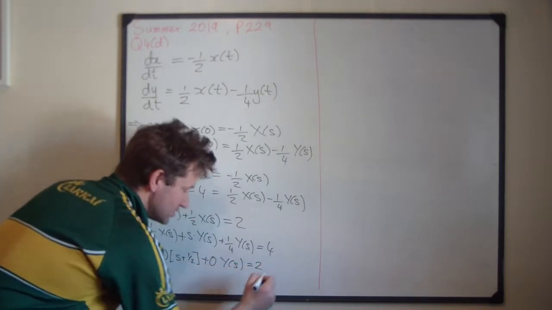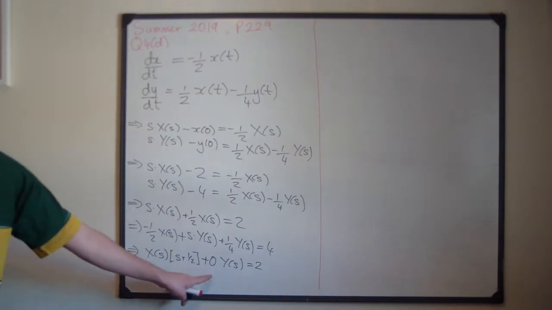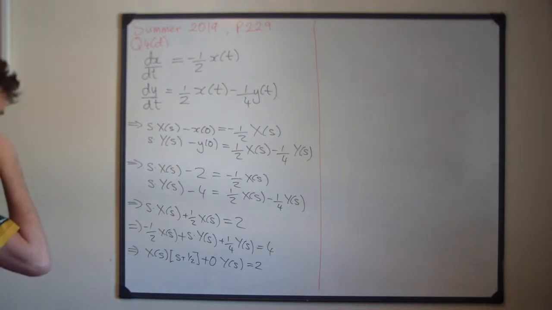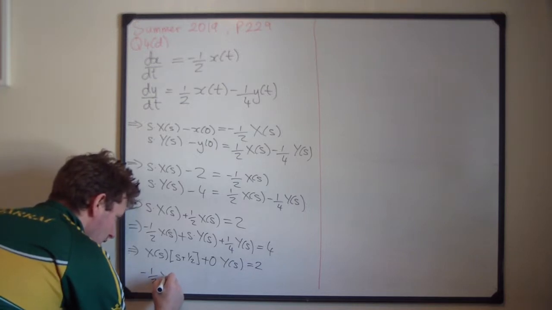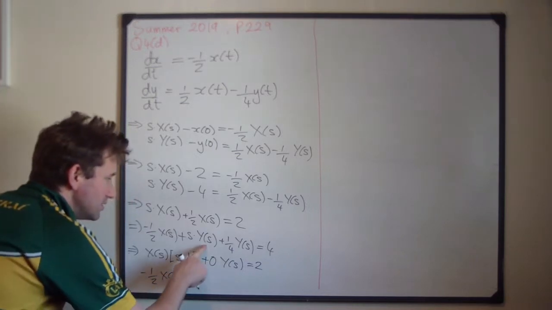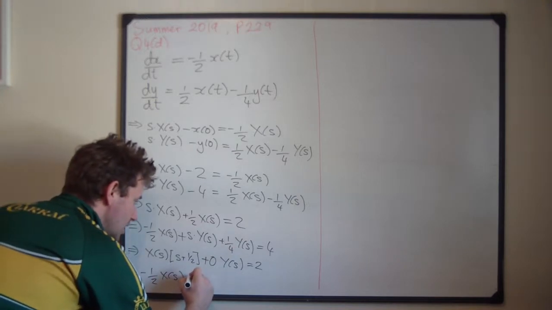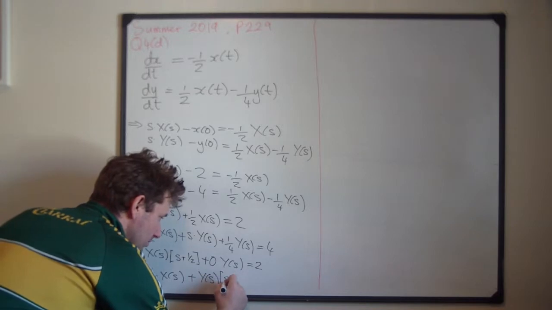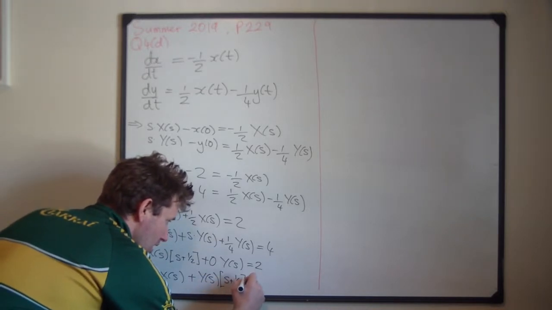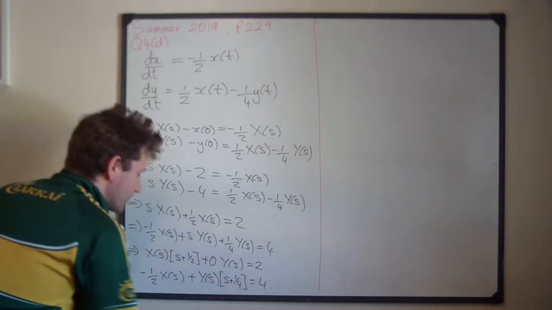Now the fact that that's 0 makes this easier. In the other question it's not 0. You have to do what I'm going to do here. And then minus a half X of s, and then take out the common factor of Y of s here. You'll get Y of s times s plus a quarter equal to 4.